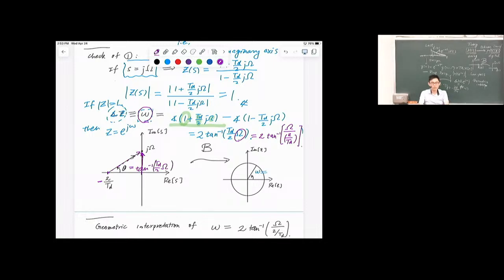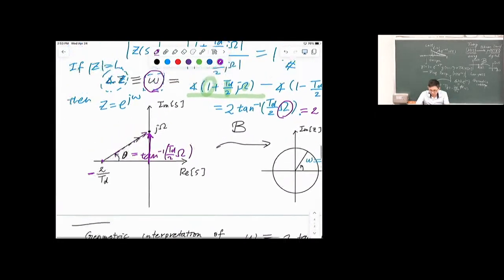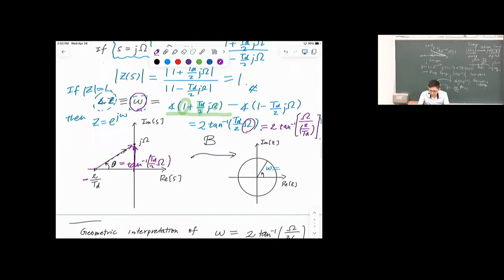That's our angle. So now can we agree that as omega increases, this theta also increases monotonically? It increases monotonically when we increase omega.